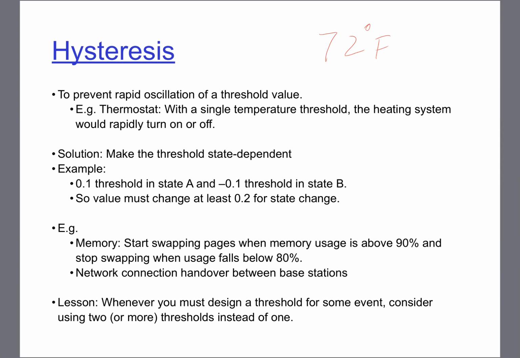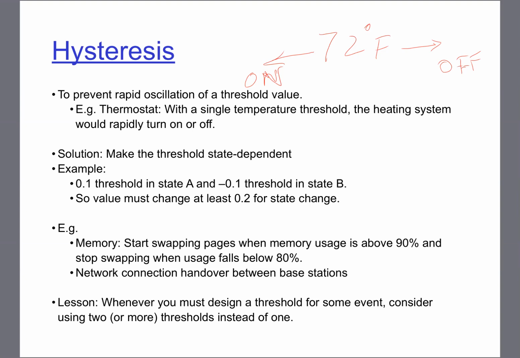Our expectation is that if the temperature falls below 72, then the heating will turn on, and if the temperature goes above 72, then the heating will turn off. Or if it's summertime, the air conditioner turns on if it's above 72 and off if it's below 72.